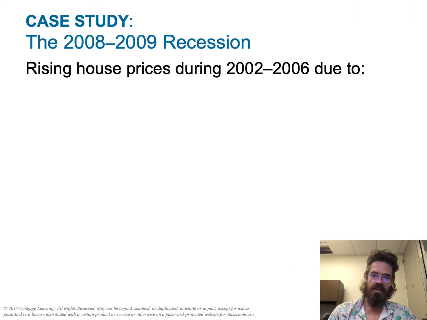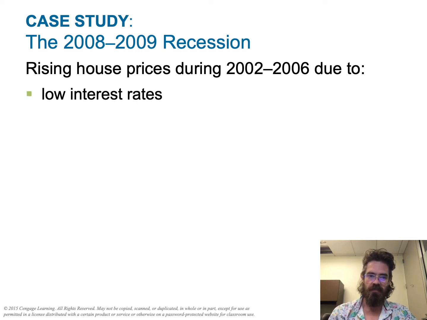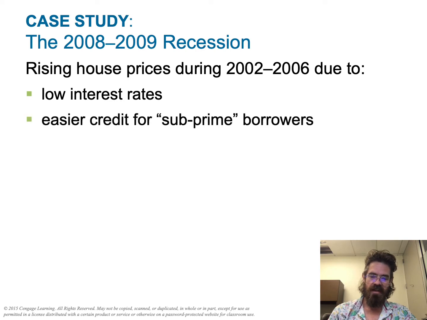Well, in the early 2000s, there were several things that were causing home prices to increase relatively dramatically, like we saw in the graph. There were very low interest rates, so it was very cheap to borrow money. It was also, at the time, very easy for bad borrowers to borrow money. We refer to them as subprime borrowers because they're very risky.